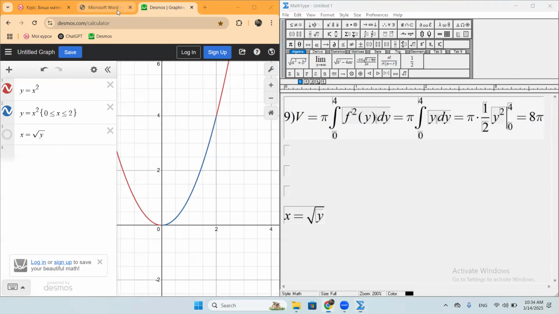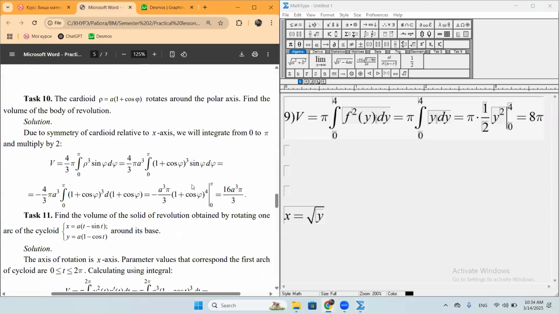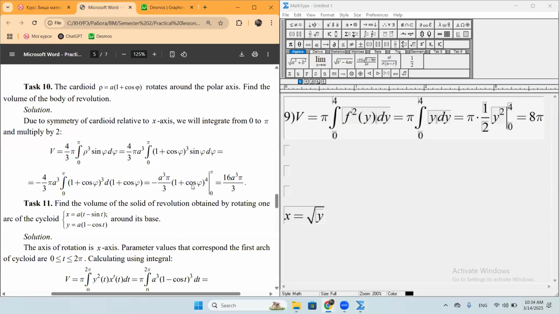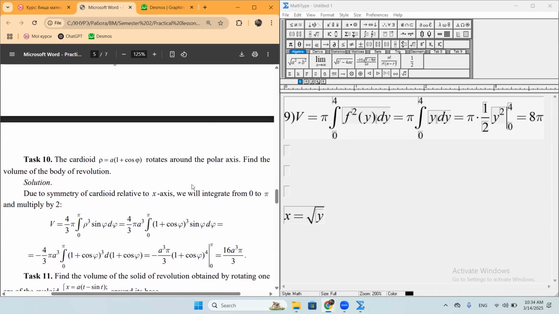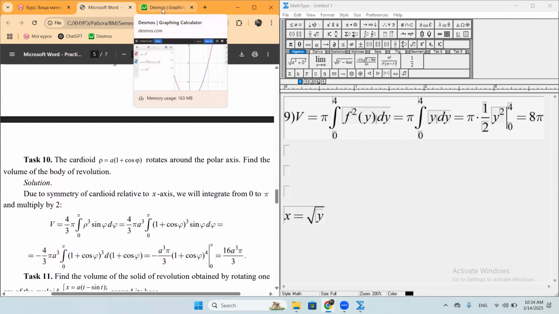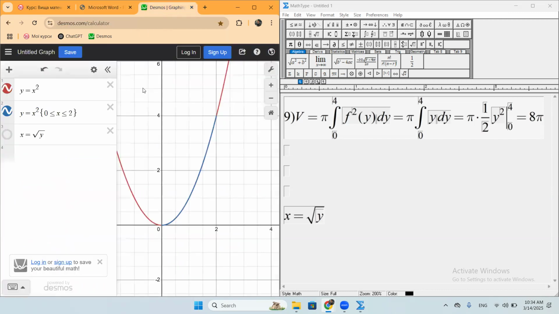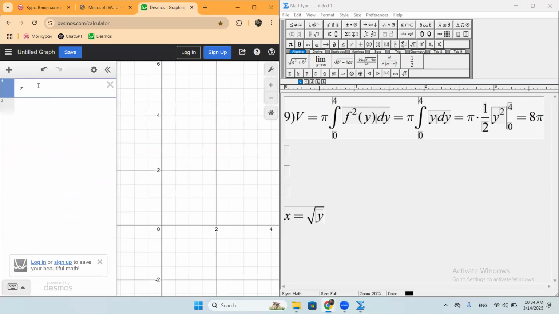Okay, if no questions, let's move next. So now we have the following exercise about a cardioid. Let me remind you what a cardioid looks like. So r equals a multiplied by 1 plus cosine theta.